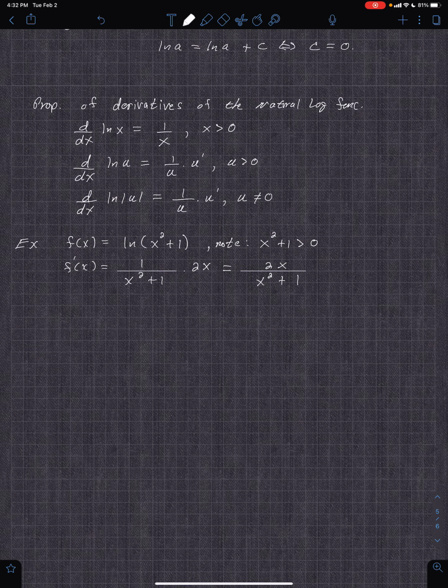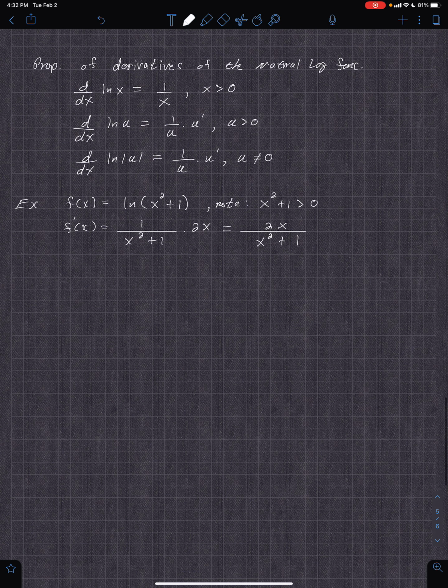So let's look at this example. If you have g of x equal to ln of the square root of x plus 1. Let's go ahead and write that then as ln of (x plus 1) to the half power.